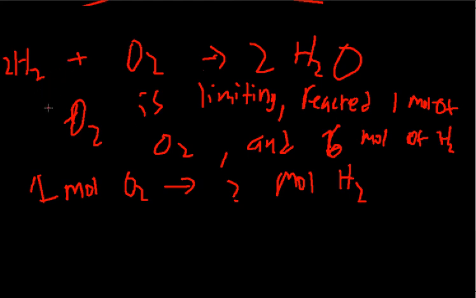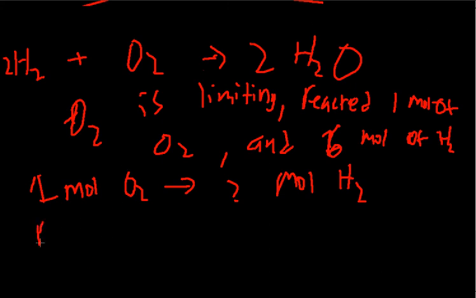So how much hydrogen is left is going to be the difference between how much hydrogen we started with and how much was used up. How much was used up is going to be however much is required to react completely with this oxygen. In other words, if we convert 1 mole of oxygen to moles of hydrogen, we will get exactly the number of moles of hydrogen used to completely use up this oxygen.